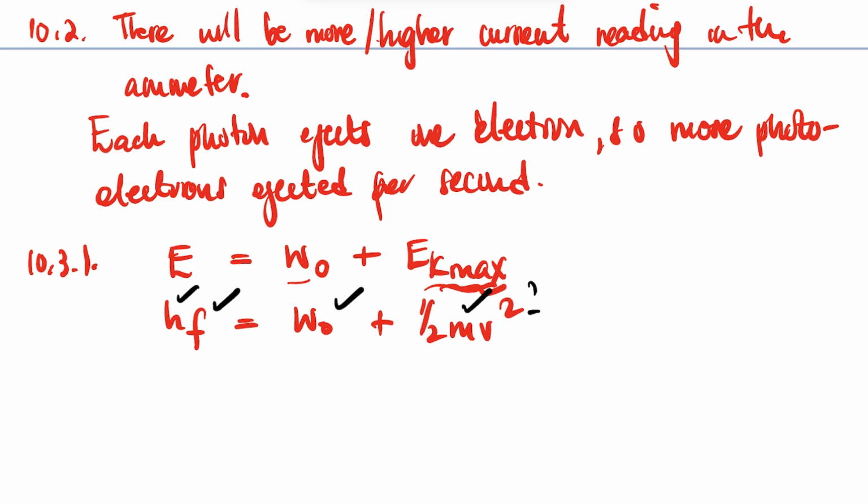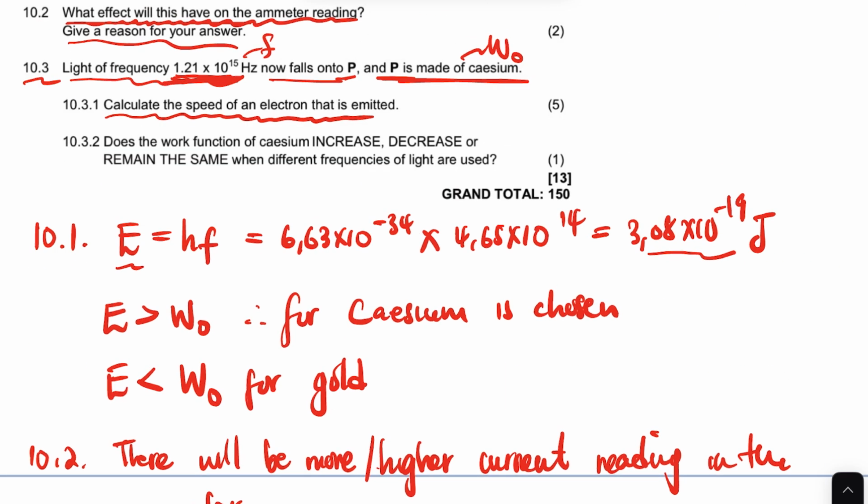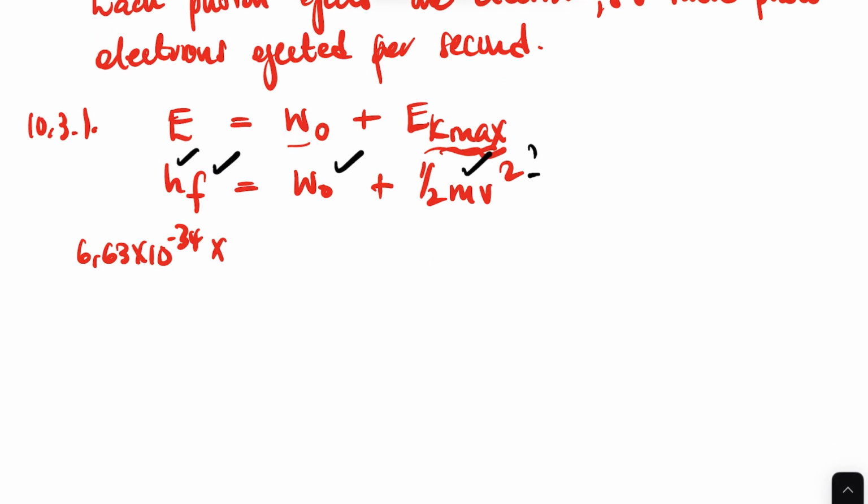So Planck's constant is 6.63 times 10 to the power negative 34, times the frequency, which is 1.21 times 10 to the power positive 15.